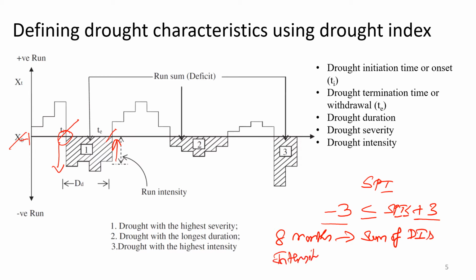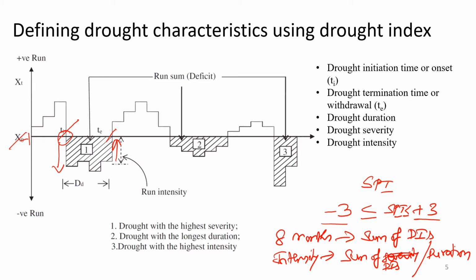Then what is intensity? Intensity is kind of an average severity, that is the sum of drought indices divided by duration. So if we calculate the sum of drought indices for the entire duration of the drought and divide it by the duration of the drought, we get intensity.